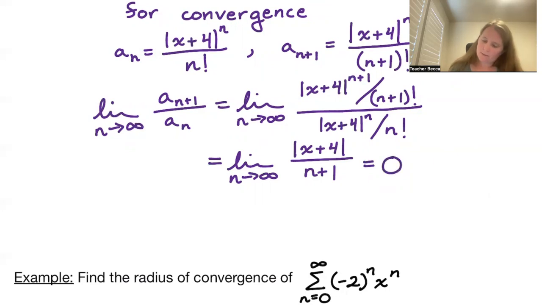So this is less than 1. So by the ratio test, I should say that this is for all x.